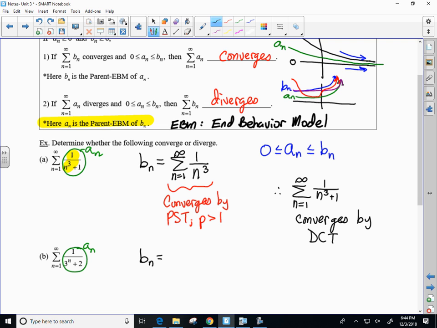All right. Parent function comes from, again, dividing the term with the highest power top and bottom. So 1 over 3 to the nth. Again, chuck a little summation in there with n equals 1 to infinity.